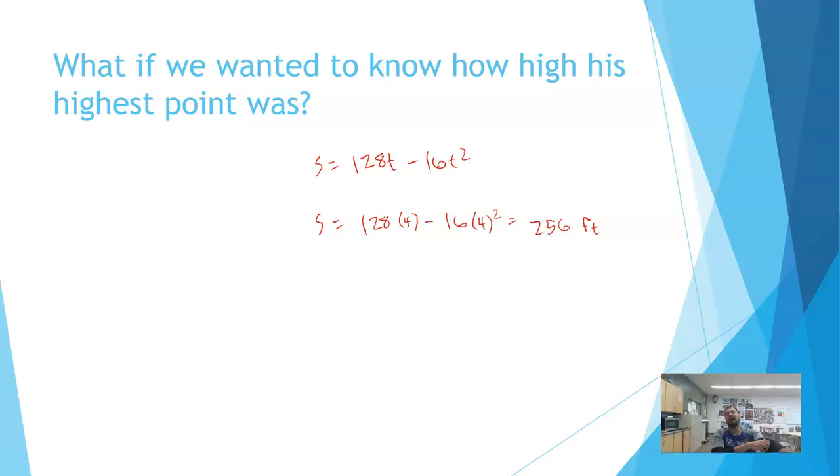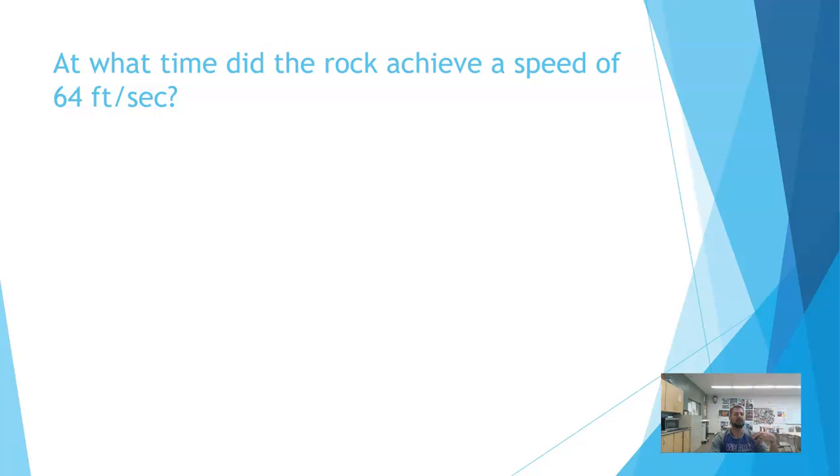So again, our velocity can help us find the time when that happens. Then we can go back and plug it into our position to find out what that highest point was. Now, we have to be careful on a question like this, because notice it's asking, at what time did the rock achieve a speed of 64 feet per second? There is a small difference between speed and acceleration.